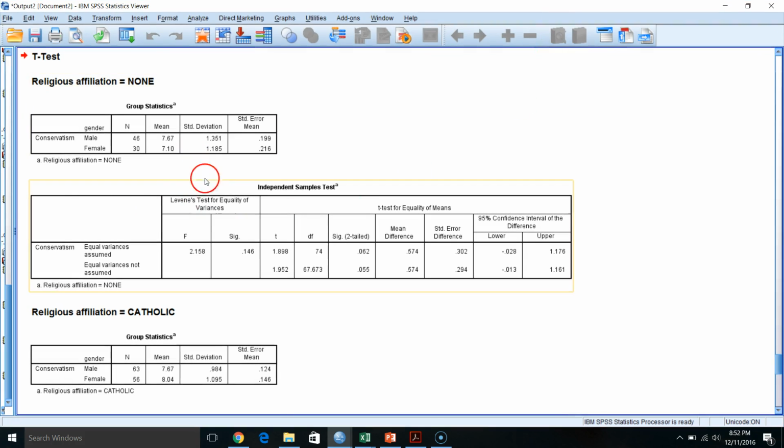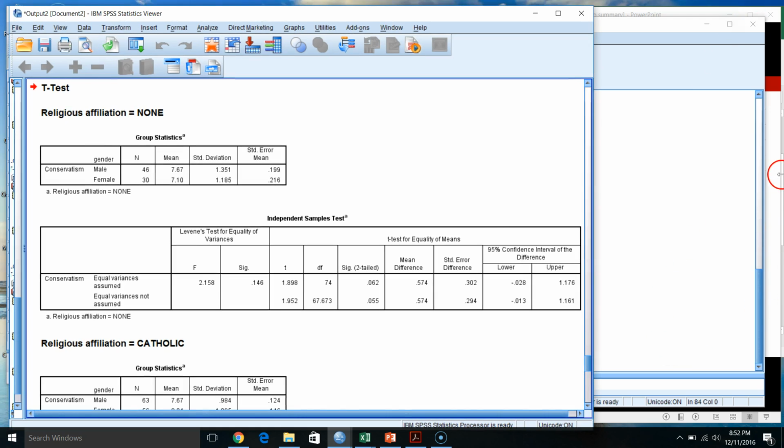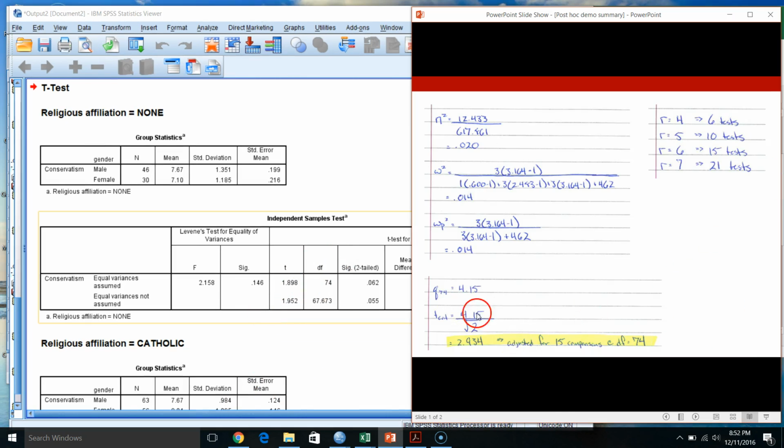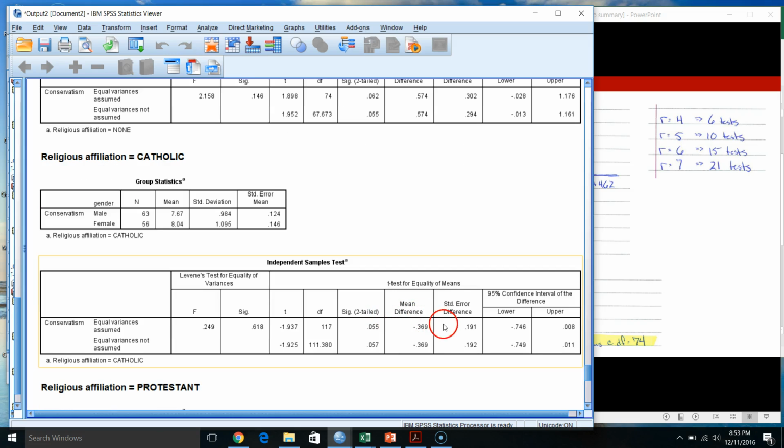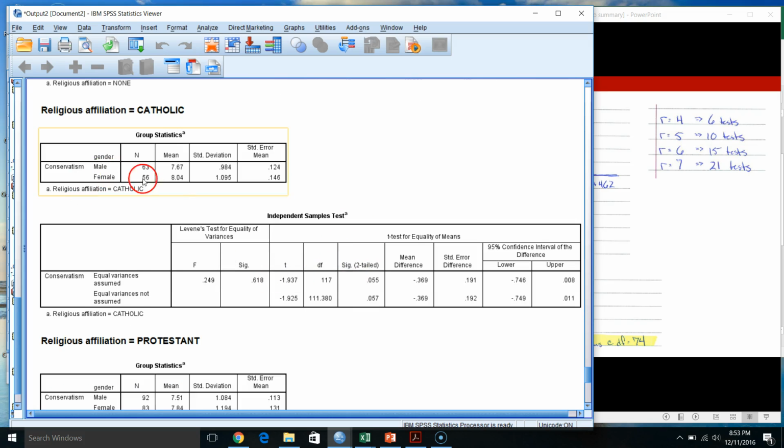So getting a start here. It looks like, again, for our unaffiliated men and women, our women are scoring slightly lower, but again, a marginal effect here. And again, our test statistic is not falling far below our corrected value to claim statistical significance. So nothing going on there, or not much going on there at least. For our Catholic participants, again, it looks marginal, right?